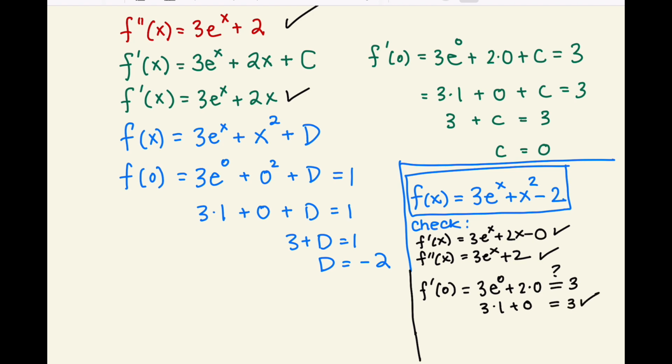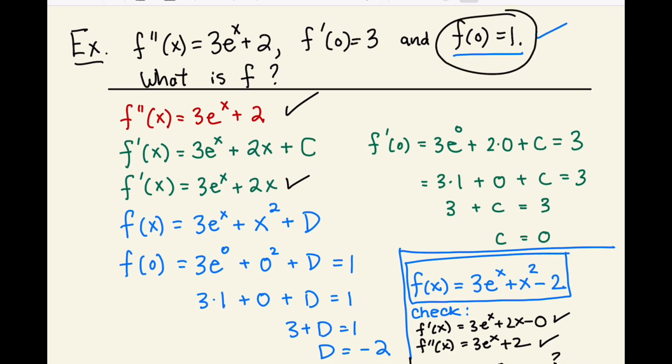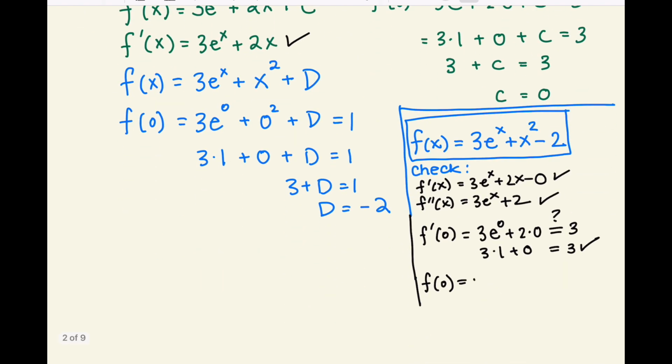And then I'm also going to check my other condition. Is f of 0 equal to 1? So let me just double check that. 3e to the 0 plus 0 squared minus 2. Is that equal to 1? I have 3 times 1 plus 0 minus 2. That's just 3 minus 2, so indeed this checks out. Okay.